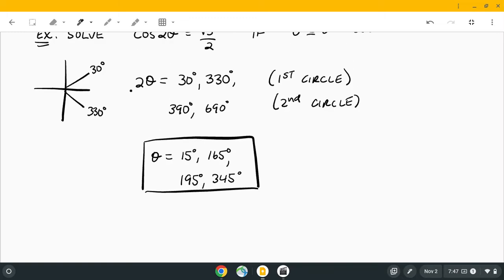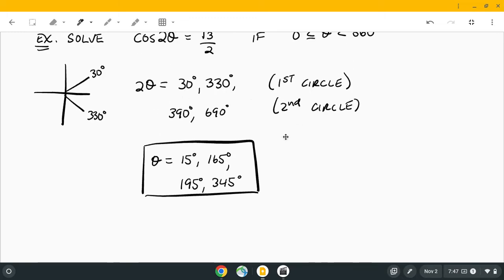Had this been 3 theta, then I would have to find a third circle of answers. To do that, again, we found these two by adding 360 because they have the same reference angle. So for a third circle of answers, I would just add 360 to these.